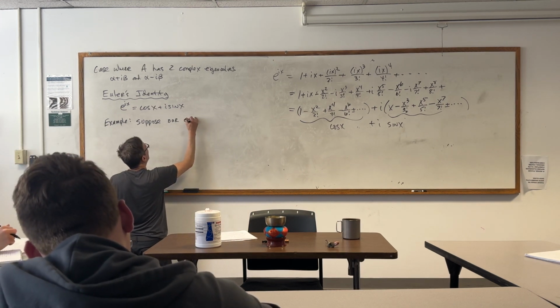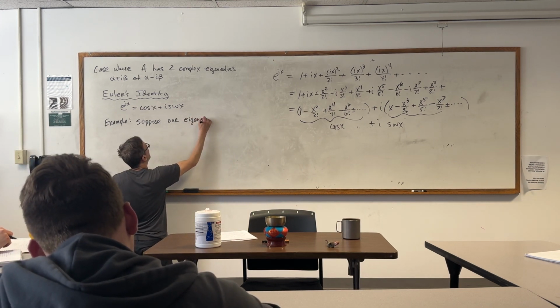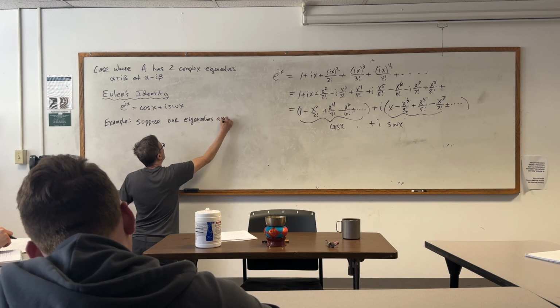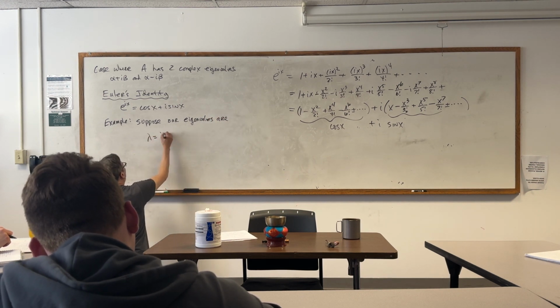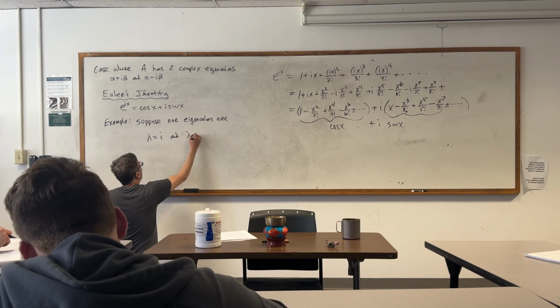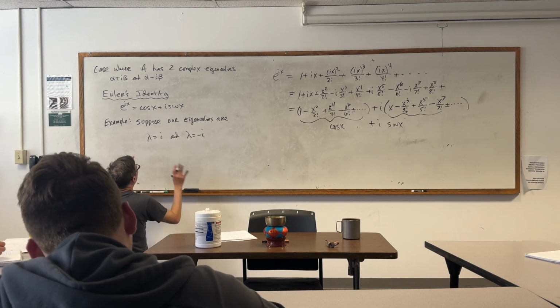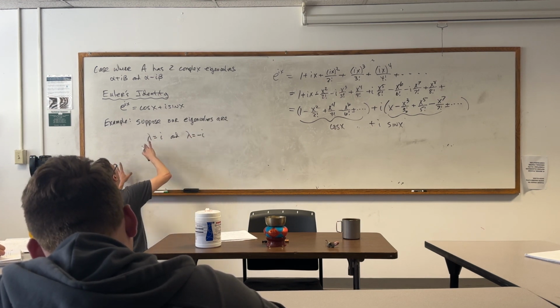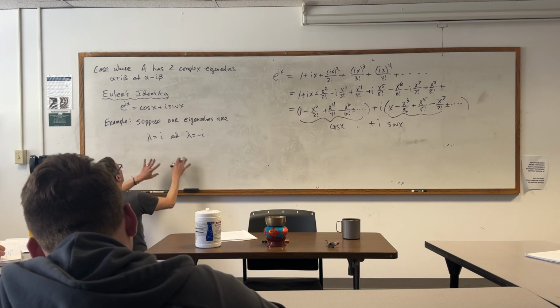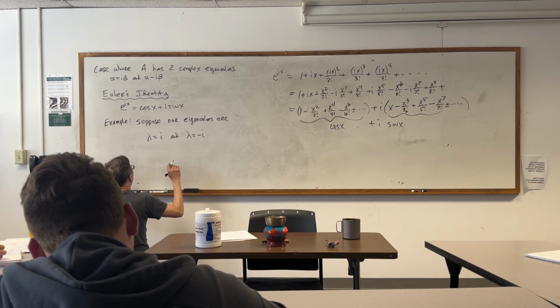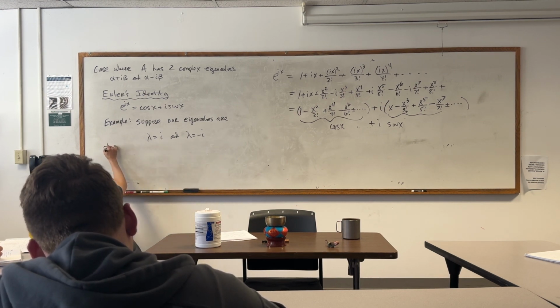Suppose our eigenvalues are lambda equals i and lambda equals negative i. They always come in these pairs. They're called conjugate pairs. Complex eigenvalues always come in a pair that looks like this, a +i and a -i. So, conjugate pairs.